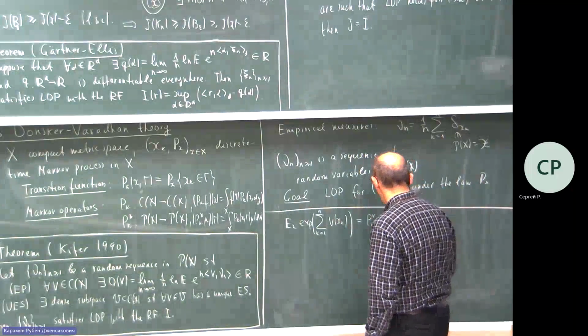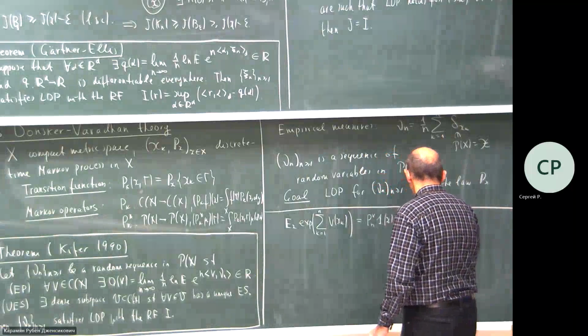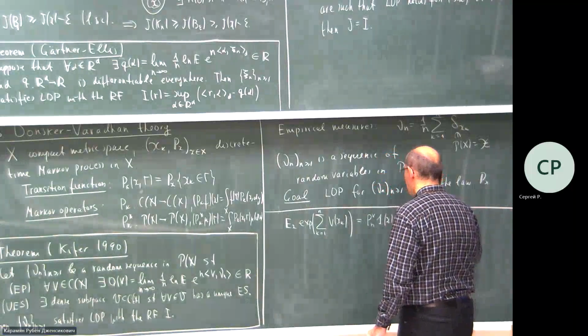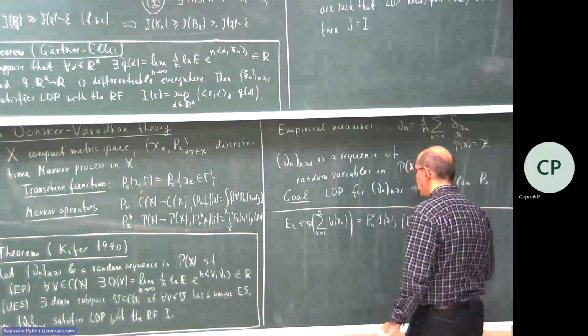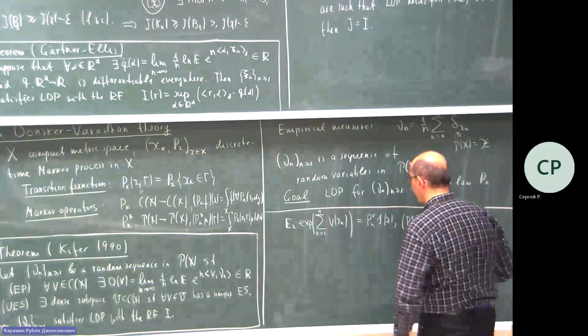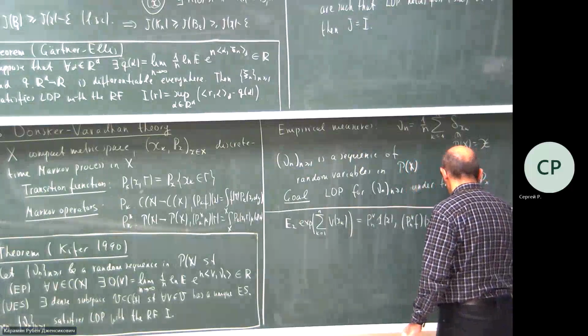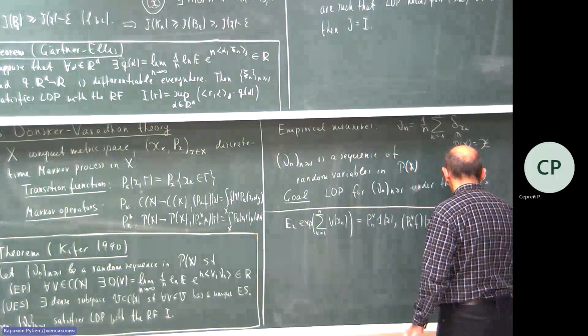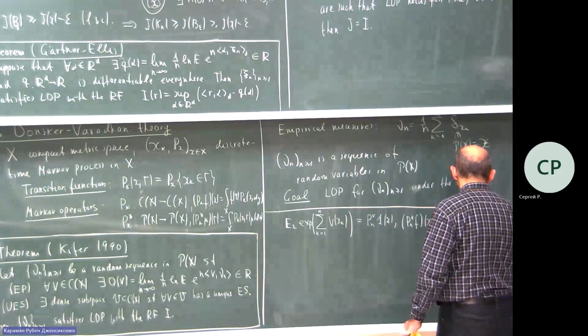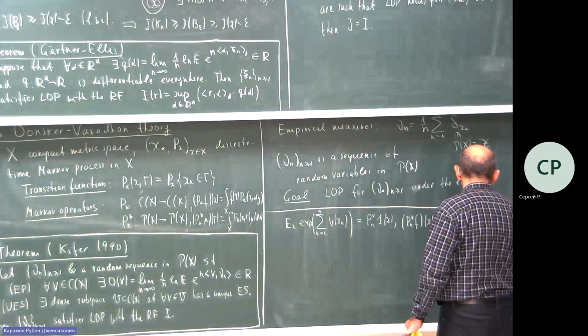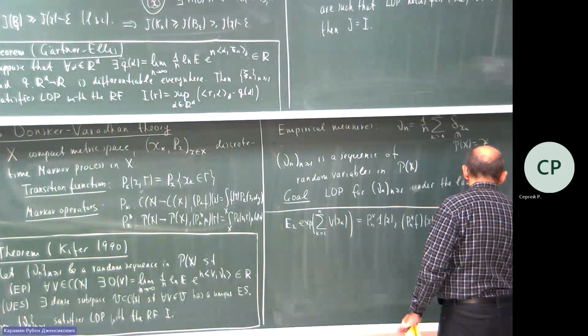And what is this P n v? P n v applied to a function f at the point x is the expectation of the exponential of v of x1 plus ... plus v of xn, multiplied by f of xn.